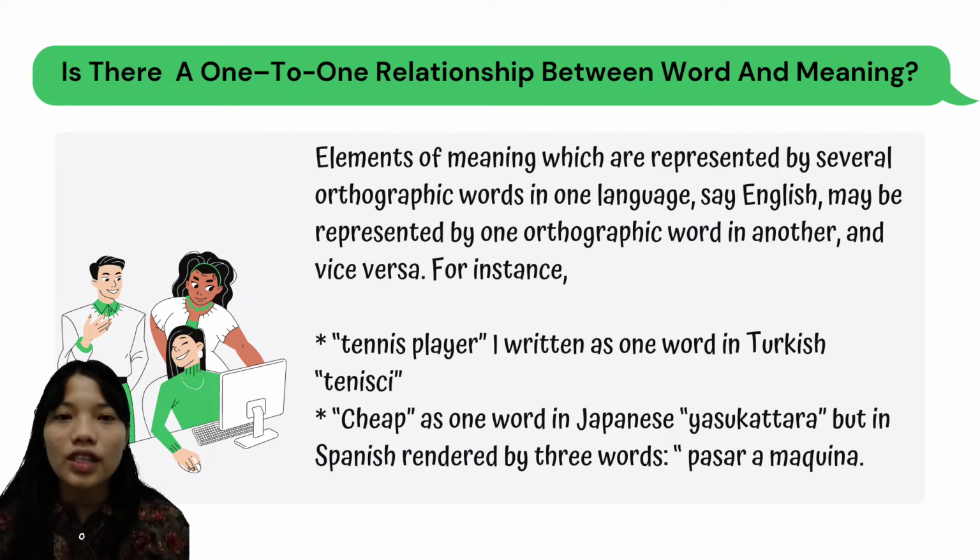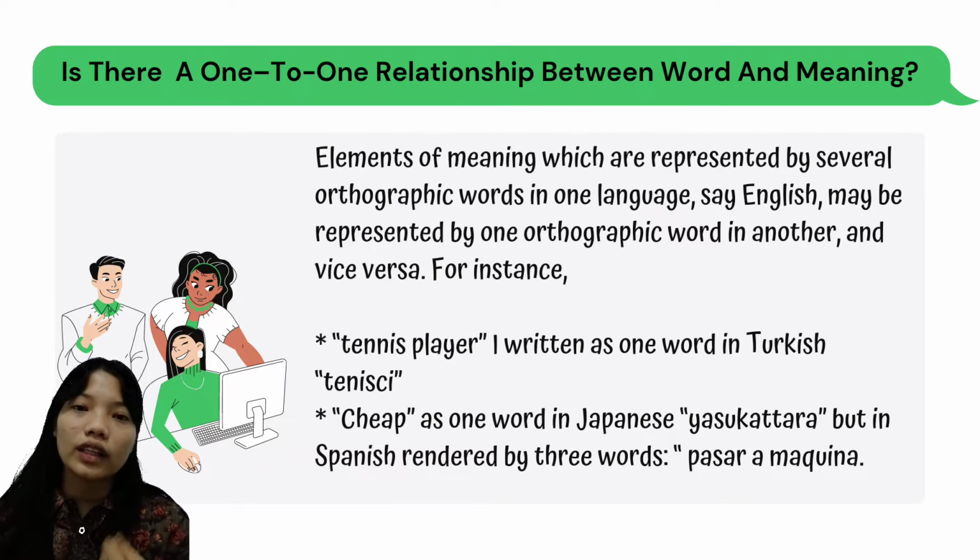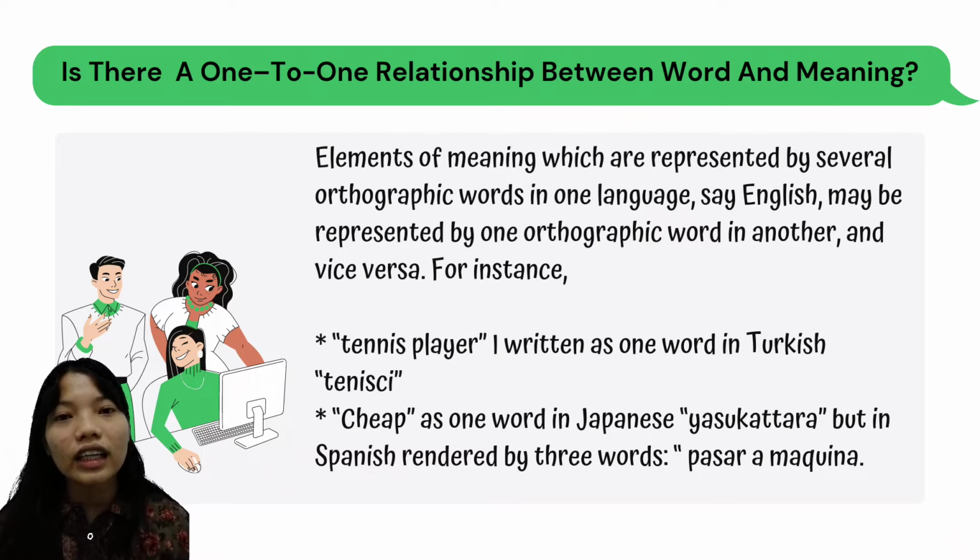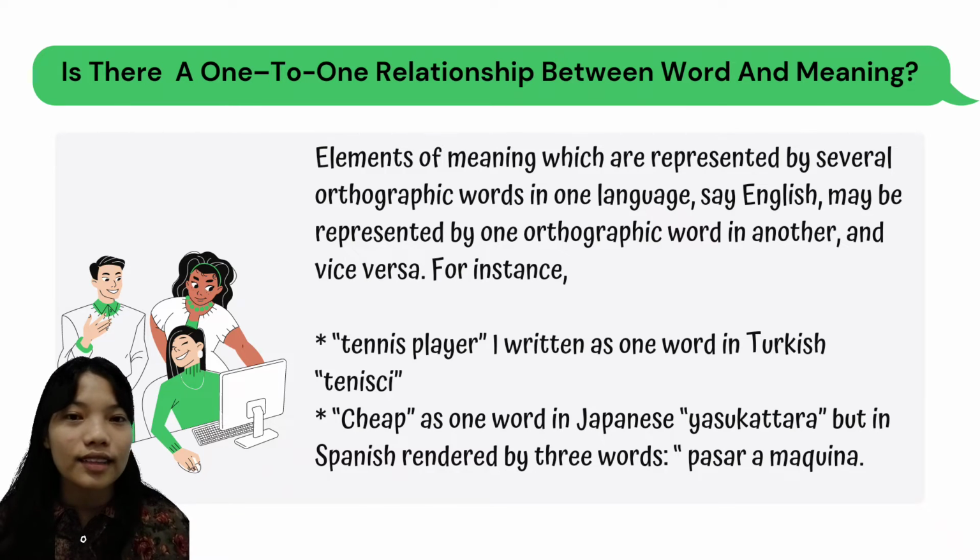The second one, cheap, as one word in Japanese, yasukatara, but in Spanish rendered by three words, pasar a máquina. So, equivalence at word level is a way how the message and the meaning of the source language can be transferred proportionally and appropriately into the target language or TL.